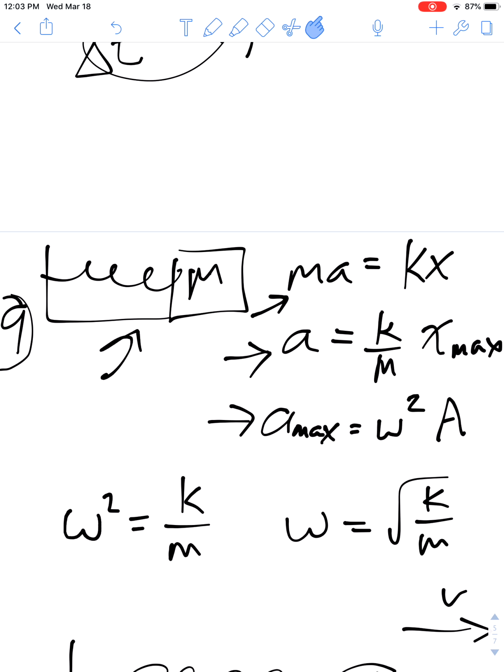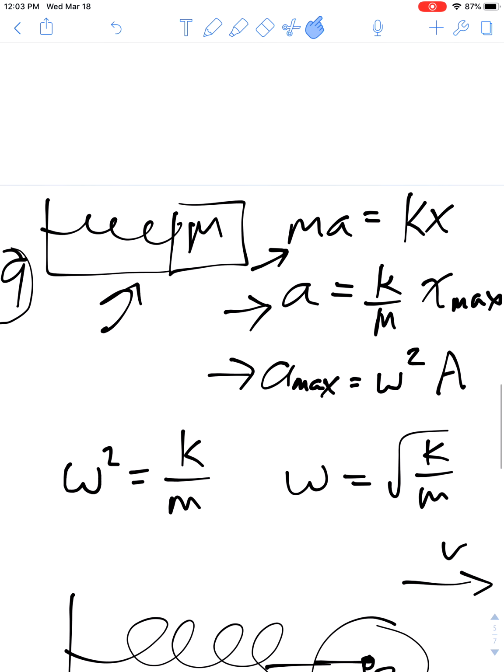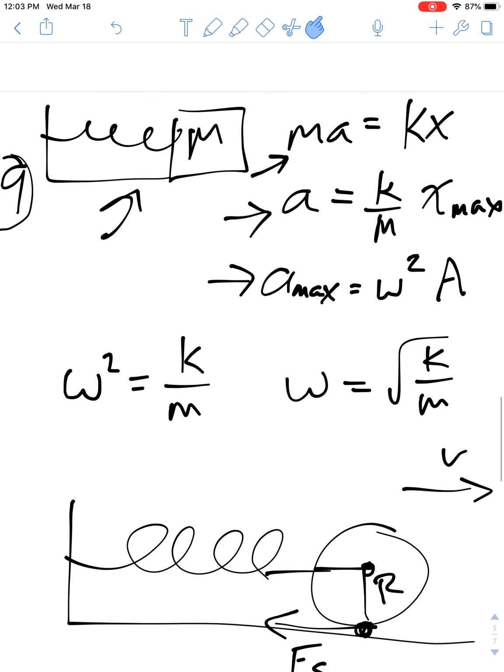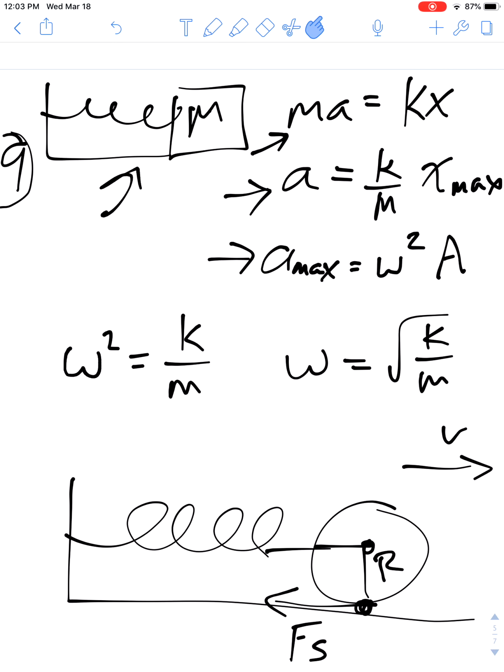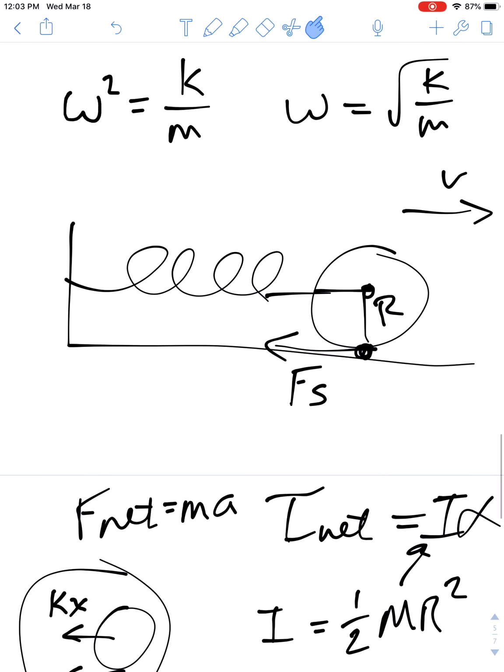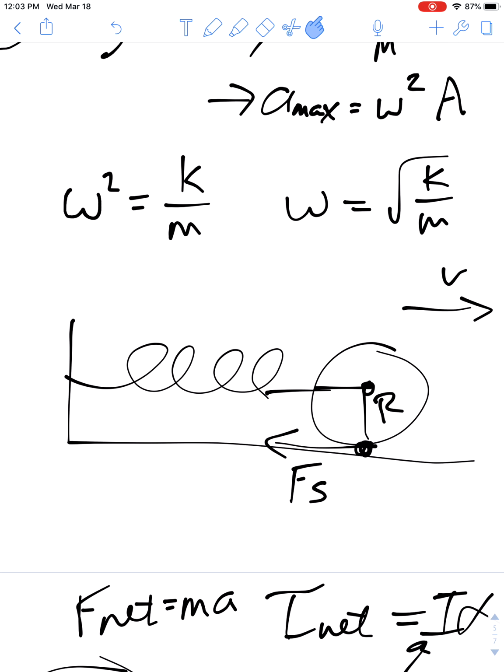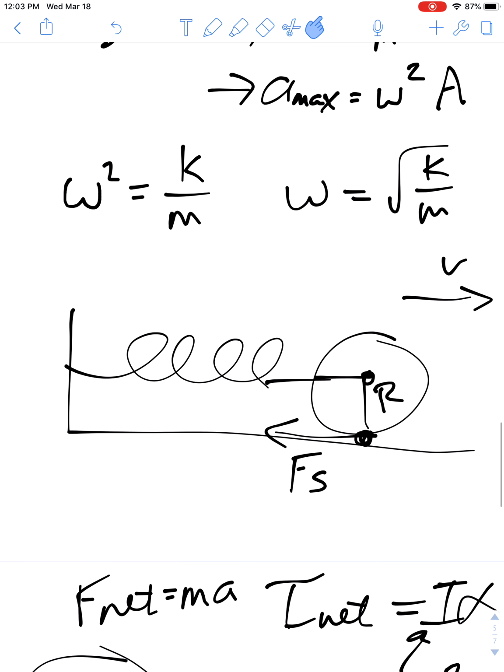Number 9 wants you to do something else. It says, what if you have this situation right here? What if you have this wheel that is attached and free to roll on the end of this spring? What's going to happen then? Well, we have rolling without slipping, and whenever we have rolling without slipping, then we have a certain process that we go through, and that's the process you should approach here.